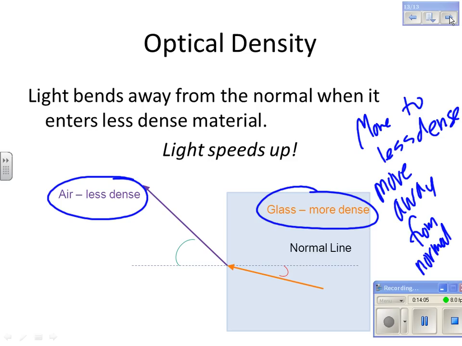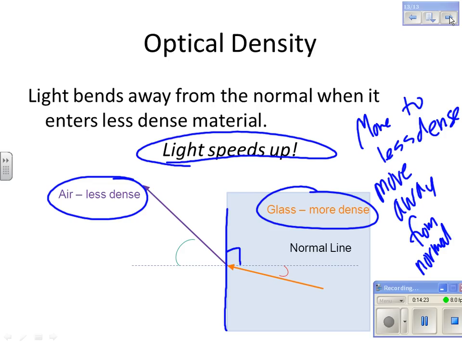Once again, pause it, take some time to make sure you have that written down. Right here, the normal line is still perpendicular to the boundary. And now the angle increased and light speeds up. If it moves away from the normal, it's getting faster.